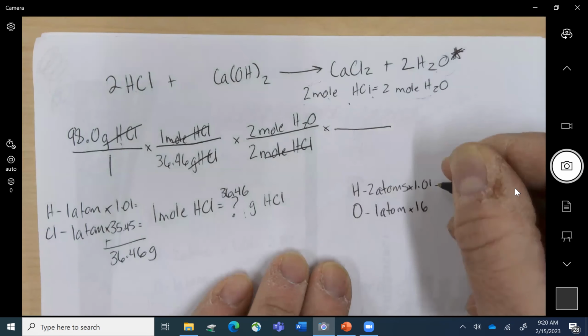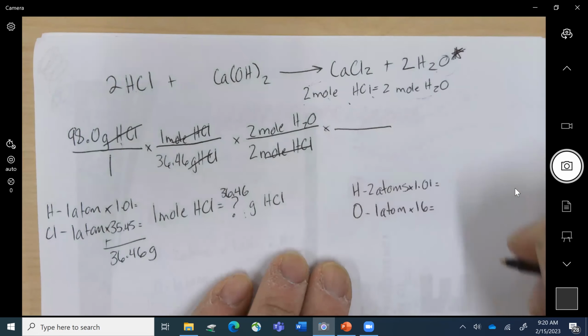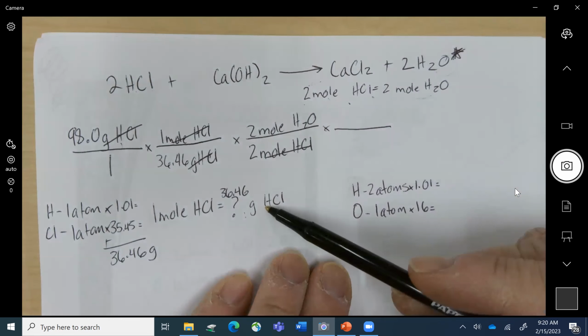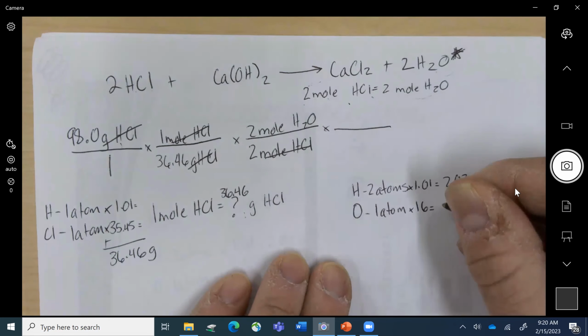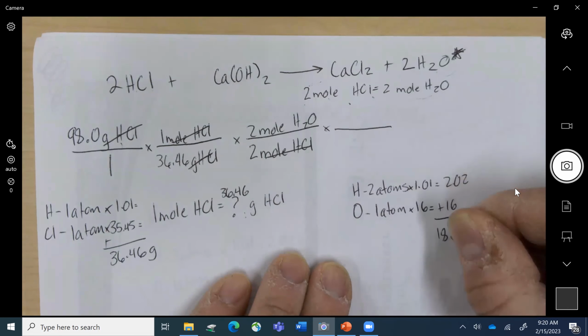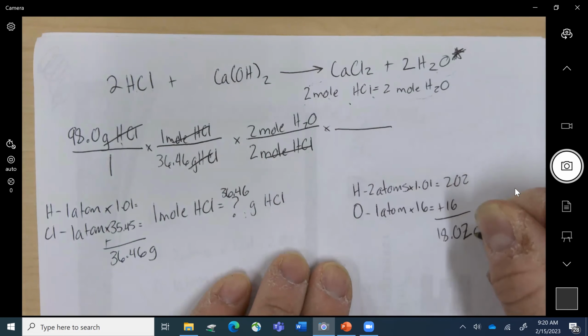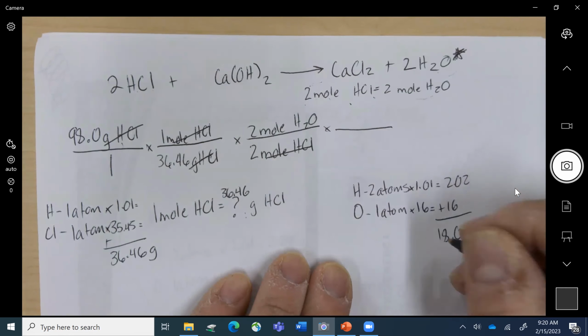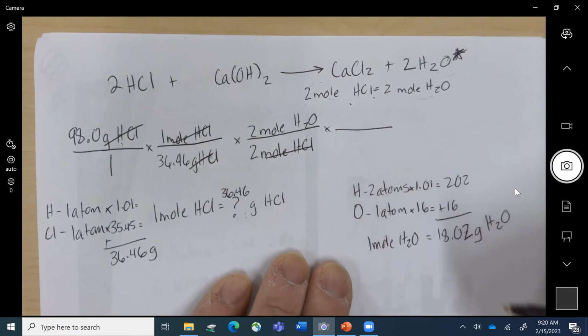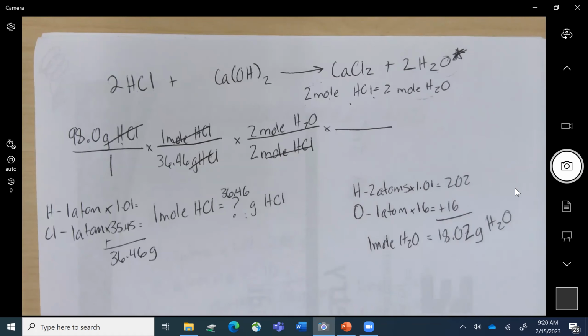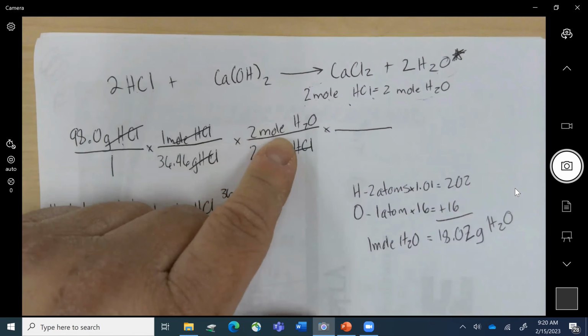You have to find the molar mass of these things because 1 mole of it weighs so much. So it's 2.02 plus 16, 18.02 grams of H2O equals 1 mole of H2O. So now look at your labels. I have mole of H2O on the top. So where does it have to go to cancel?